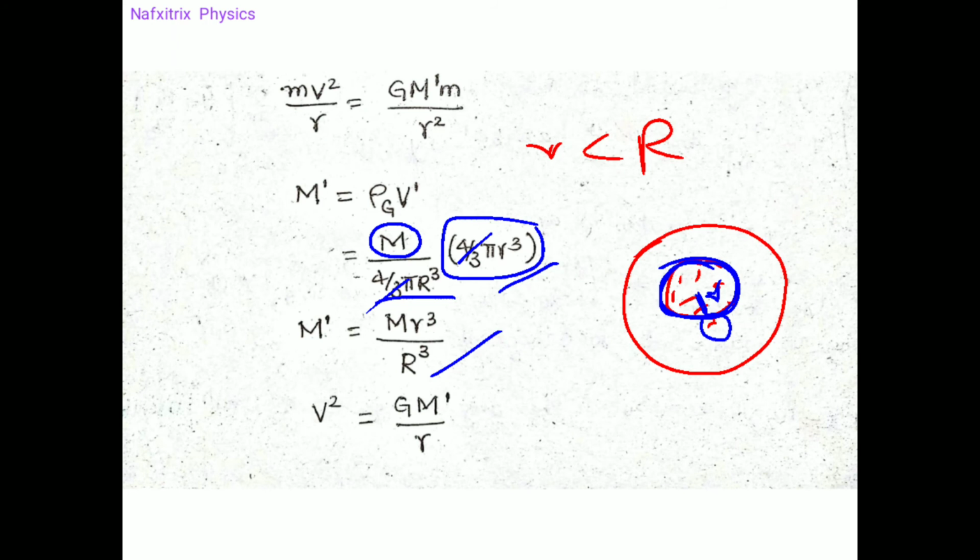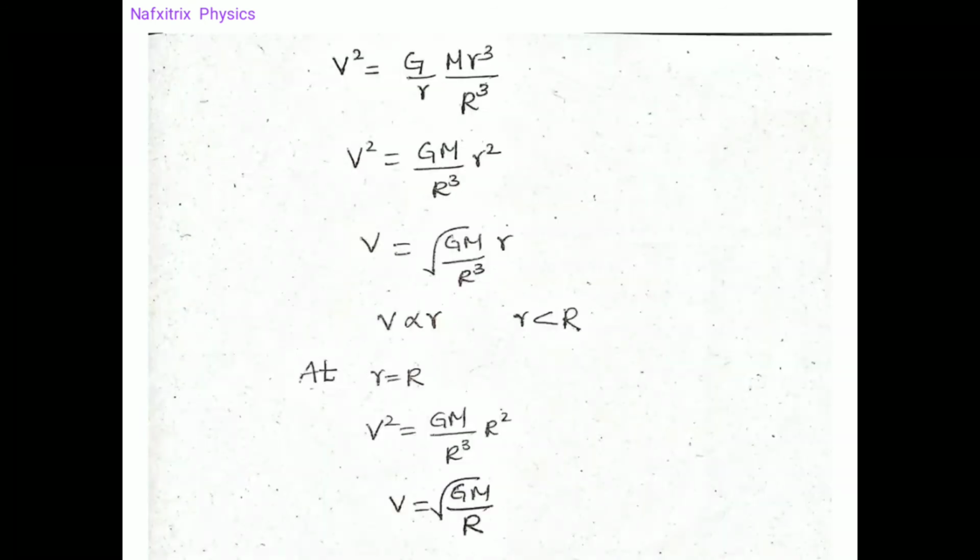And that is nothing but v square, from this formula, v would get cancelled, r would get cancelled, v square is nothing but G M dash by r. So in the place of M dash we need to substitute this.